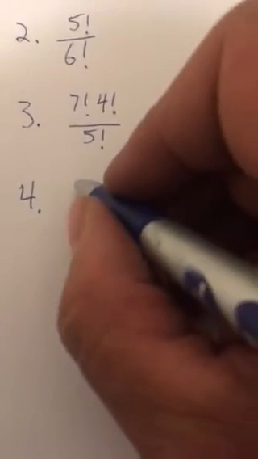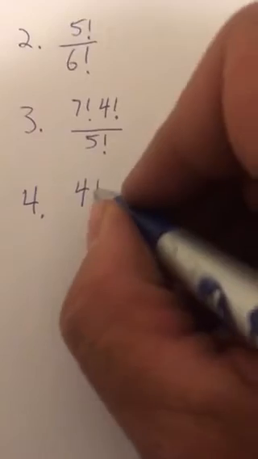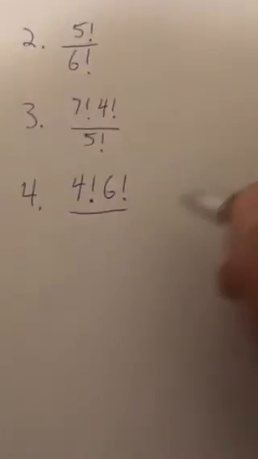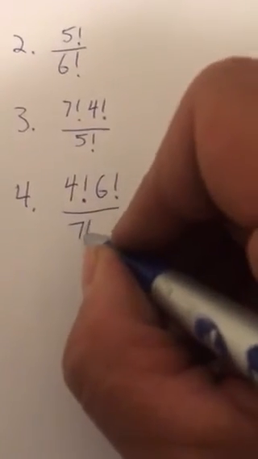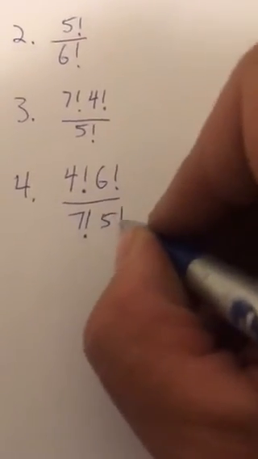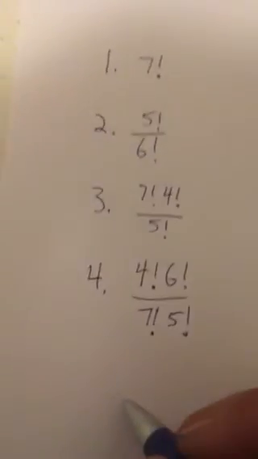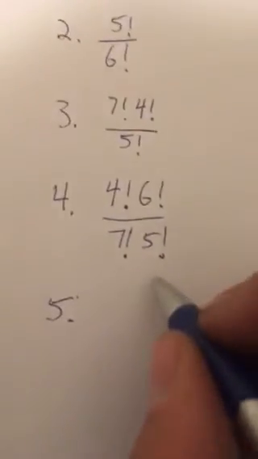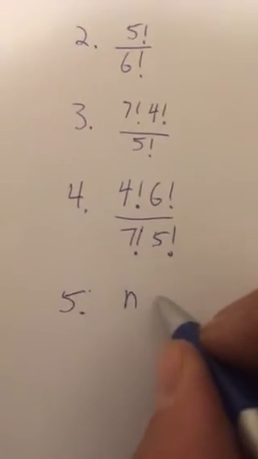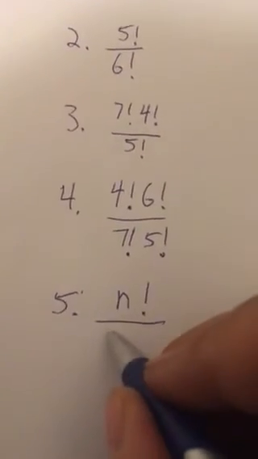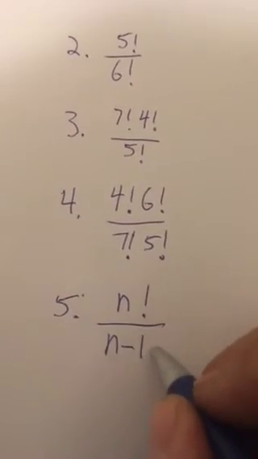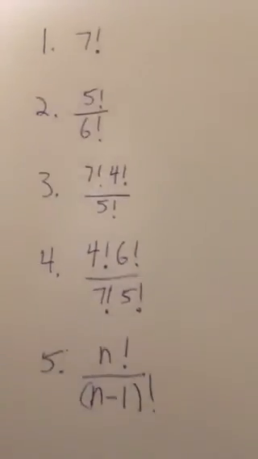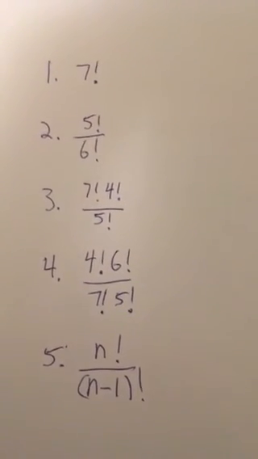The fourth one, 4 factorial times 6 factorial, and we'll put some in the denominator. In the fifth problem, put a variable in there. n factorial divided by n minus 1. So that'll be your assignment for next Wednesday.